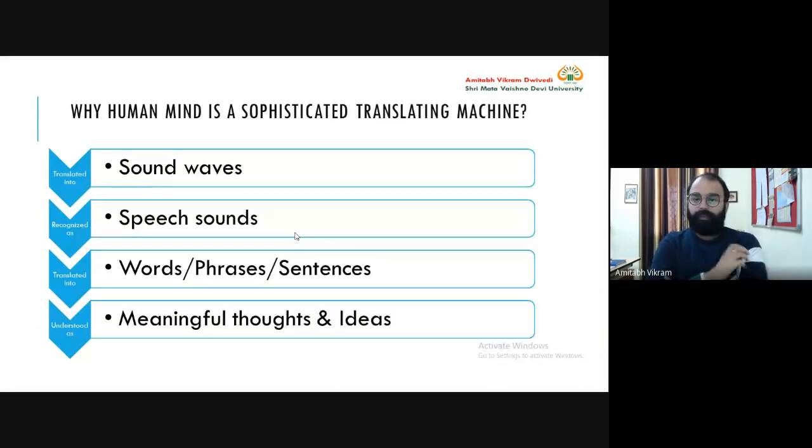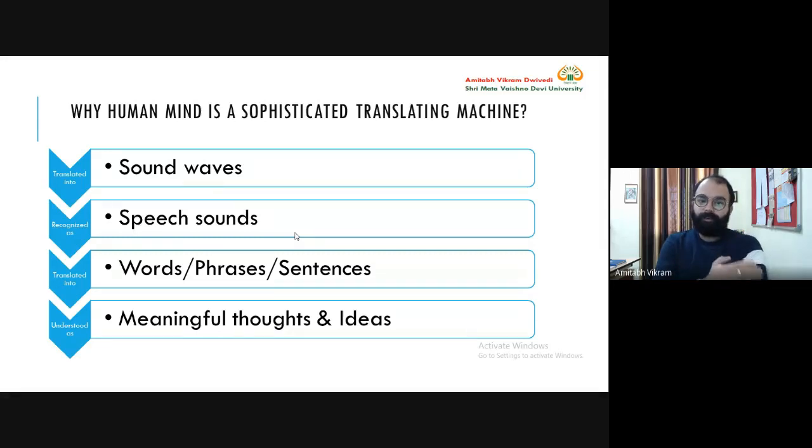We have seen that the human brain is a sophisticated translating machine, and when we use this metaphor, we know that we speak in sound waves, and those sound waves are recognized as speech sounds, and those speech sounds are translated into words, phrases, or sentences, and those are understood as meaningful thoughts and ideas.